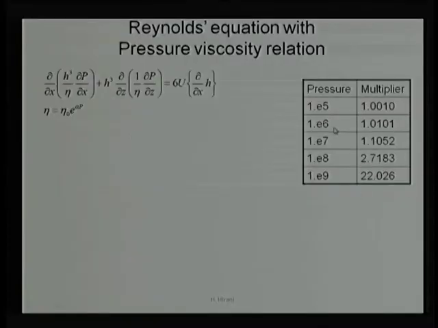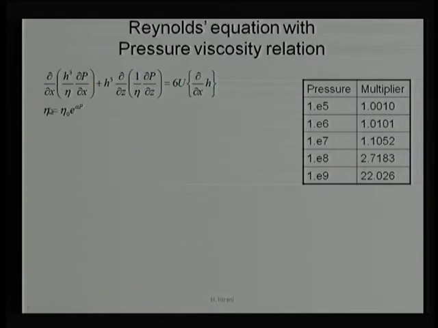Then if the pressure is increased by 10 times, from 10⁵ Pascal to 10⁶ Pascal, or 1 megapascal, we find a 1% increase in viscosity, or the multiplication factor turns out to be 1.01. Further increase in the pressure by 10 times, to 10 megapascal, we find a 10% increase in viscosity.